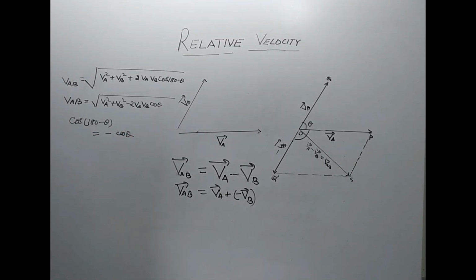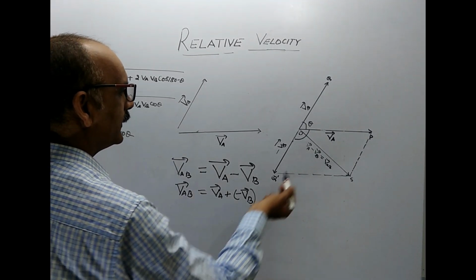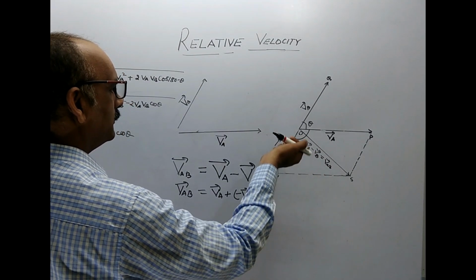Clear? This is the magnitude of the relative velocity of A with respect to B.